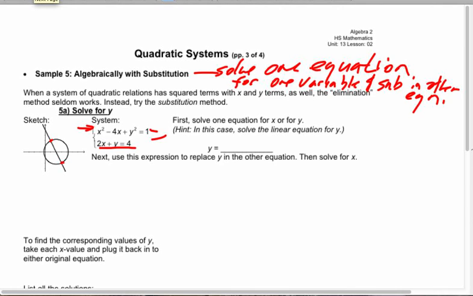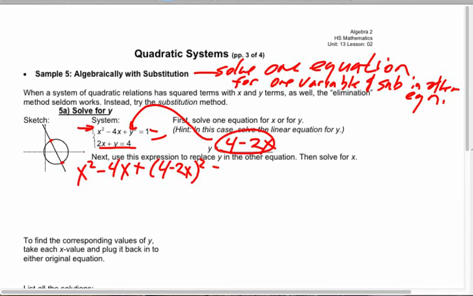So y is going to equal 4 minus 2x. And we're going to plug that back in to y in the first equation. So I'm going to take this and plug it in for my y here. So I'm going to end up with x squared plus (4 minus 2x) squared equals 1.